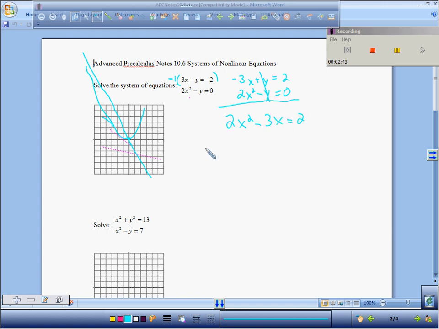Then I have to get everything on one side and factor it. So I bring the 2 over there: 2x squared minus 3x minus 2 equals 0. Then I unfoil. So x has to go there. What has to go here?